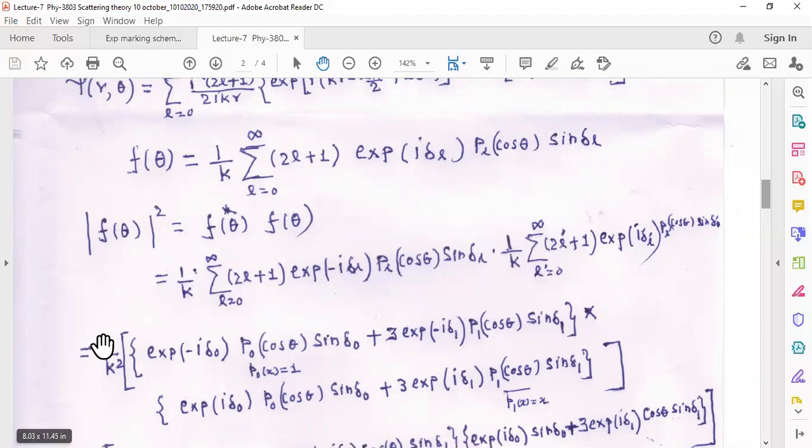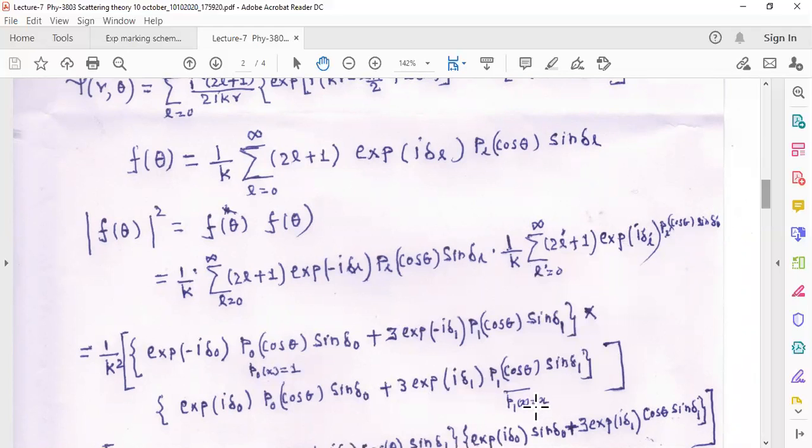Now you see exponential of minus i delta 0, for L equal to 0, and i delta 0 for L prime equal to 0, P0 of cos theta, sin delta 0. And for L dash equal to 1, it is 2 plus 1, which is 3, exponential of i delta 1, P1 of x, because it is L equal to 1, sin delta 1. And P1 of x is always x.